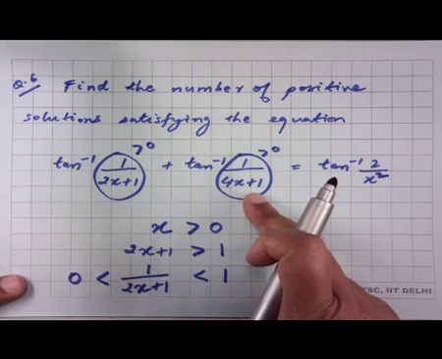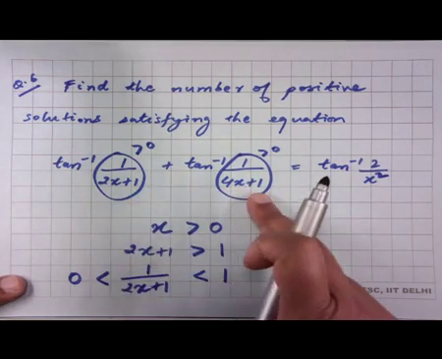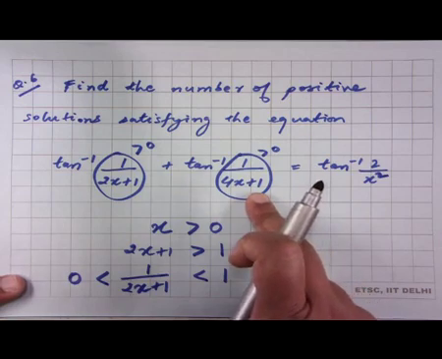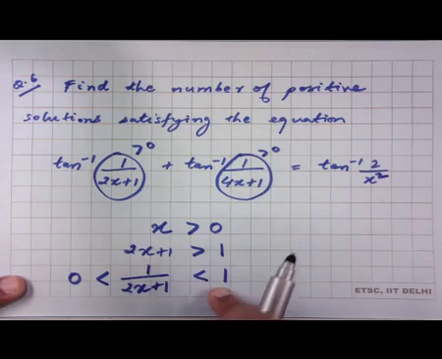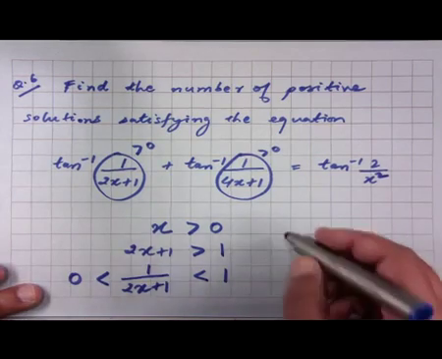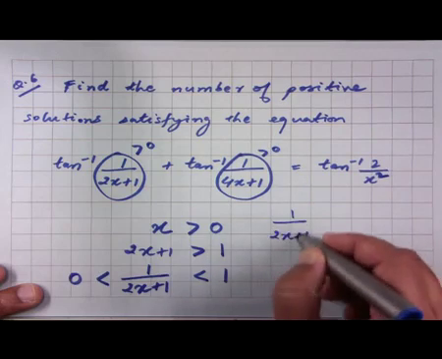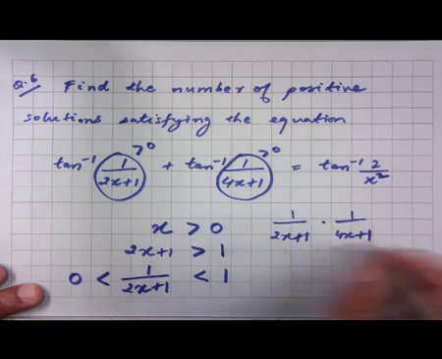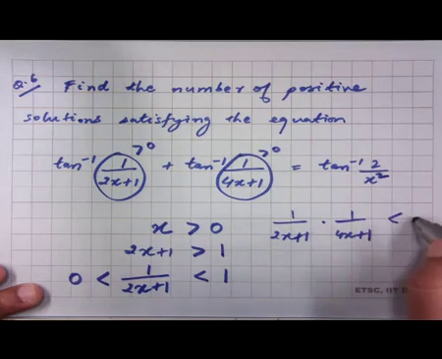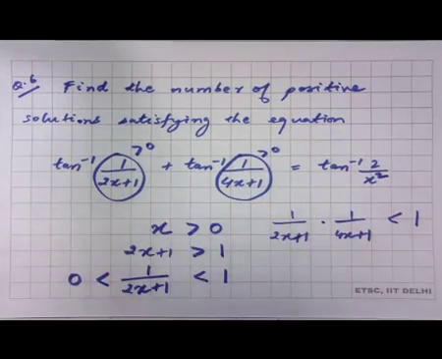So both lie between 0 and 1, and therefore the product 1 by 2x plus 1 times 1 by 4x plus 1 has to be also less than 1, because both of them are less than 1.